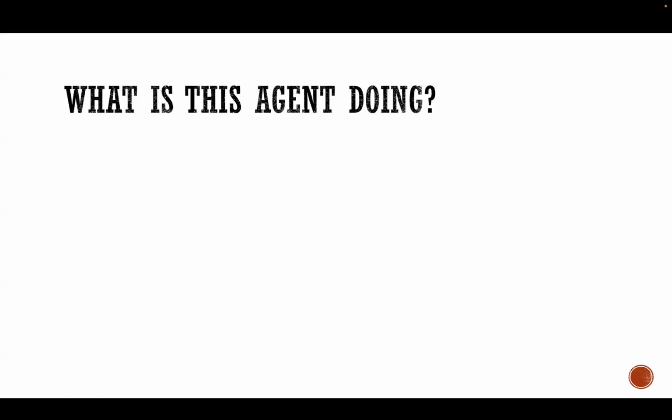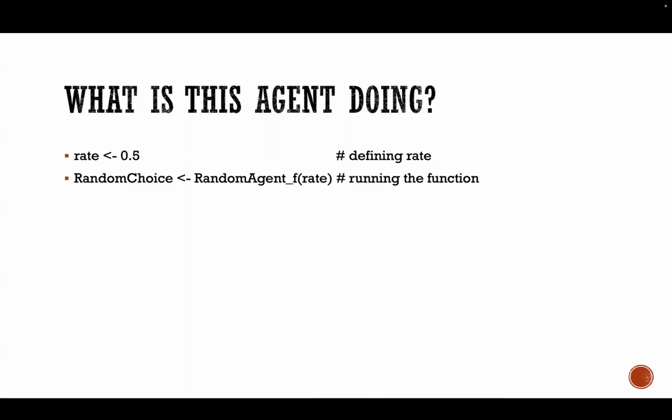So now we coded our agent. The thing that we need to do all the time, even with very simple agents, is trying to figure out what the heck it's doing when we stress test it, when we put it in different conditions. So we define a rate. And then we run the function with that rate and save the choice.